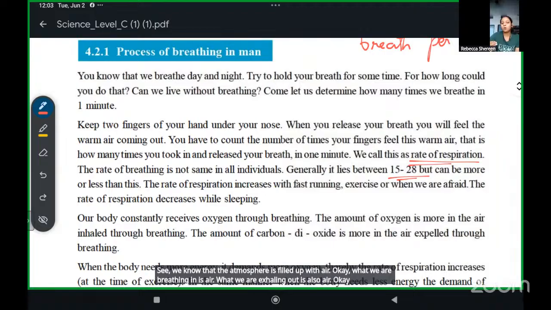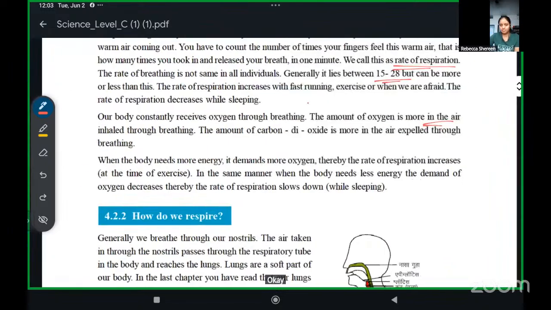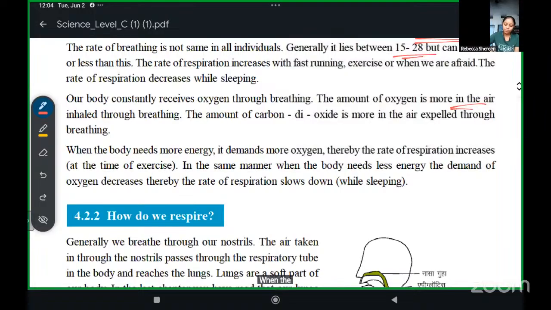In the air that we breathe in, there is a large quantity of oxygen. In the air that we exhale, carbon dioxide is more.